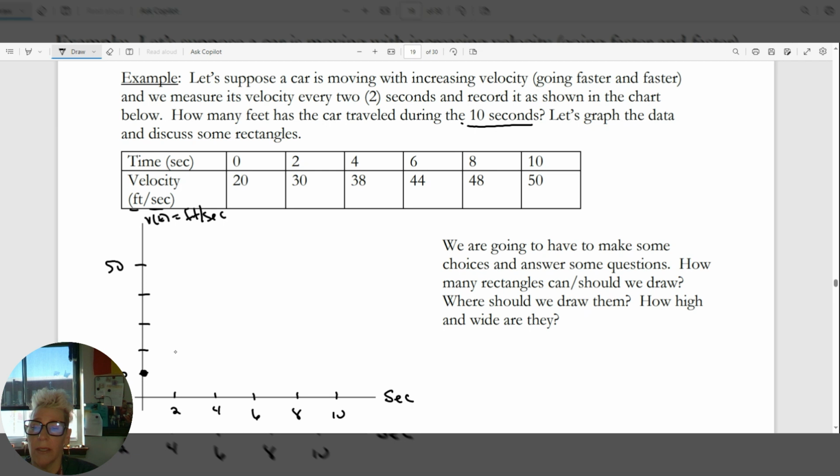At 2 seconds, we're at 30. At 4 seconds, we're not quite to 38. At 6 seconds, we're at 44. At 8 seconds, we're at 48. And at 10 seconds, we're at 50. So something like that.